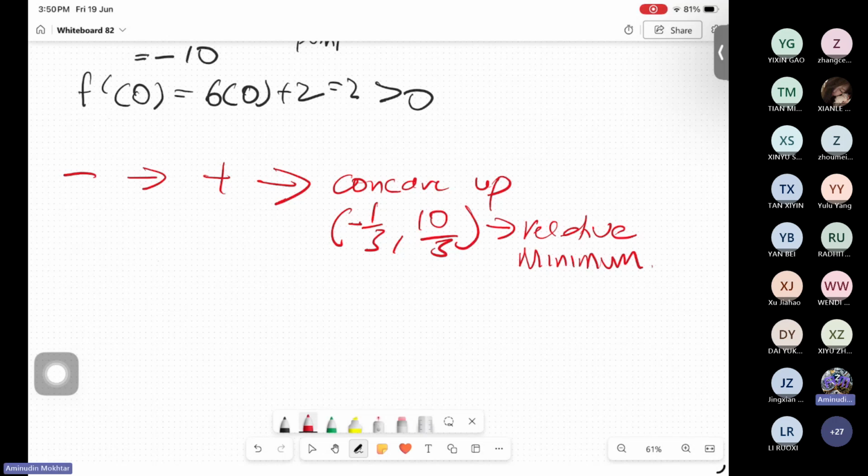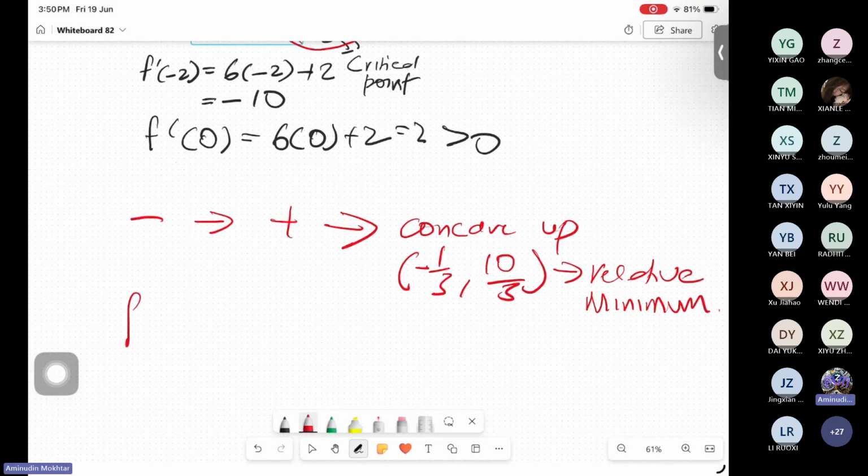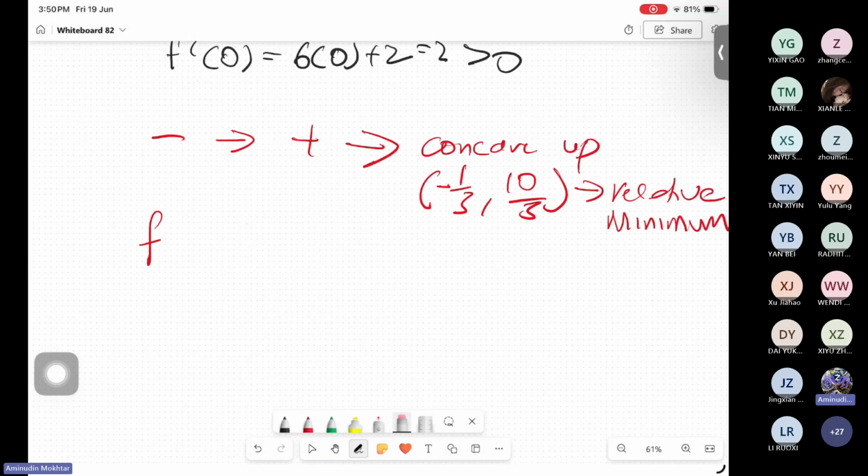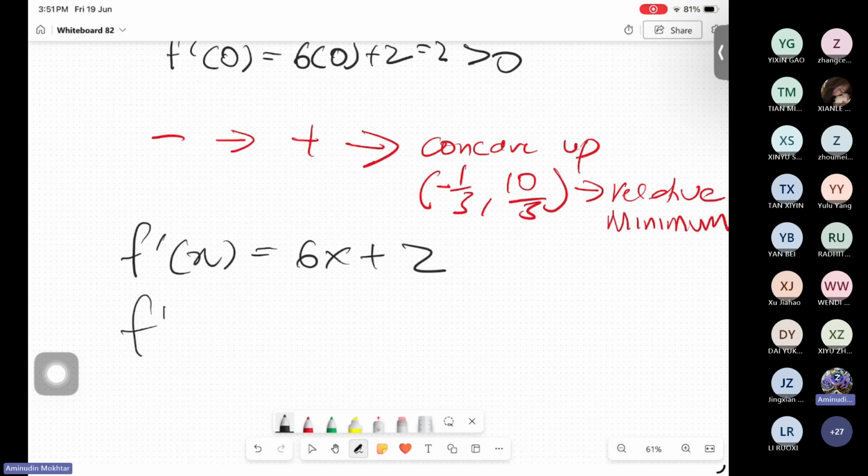And then the second derivative. We can check by using the second derivative. The first derivative is 6x plus 2, so the second derivative is positive 6. It's always positive.